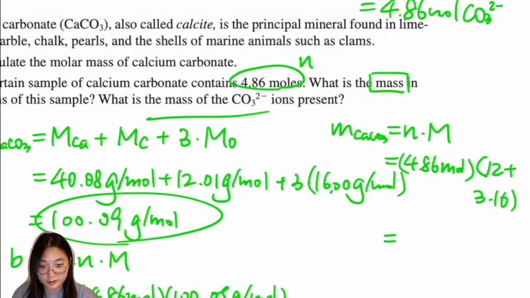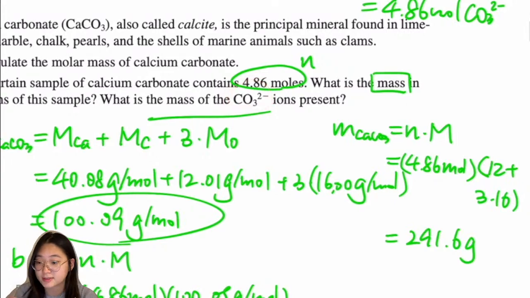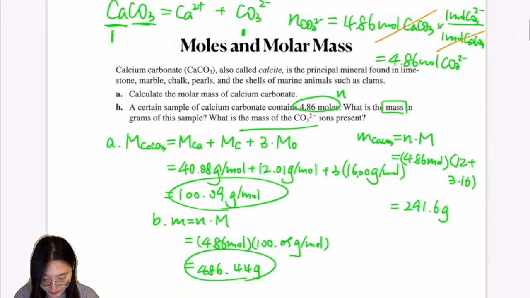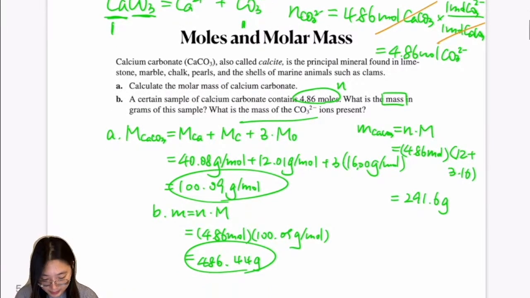Again, use a calculator, and we get approximately 201.6 grams. That's the mass of the carbonate in this sample. That's it for the moles and the molar mass.